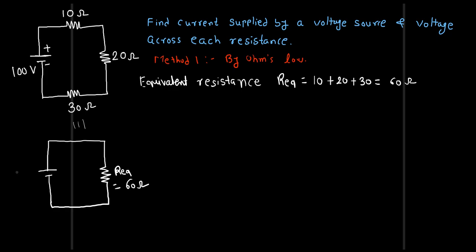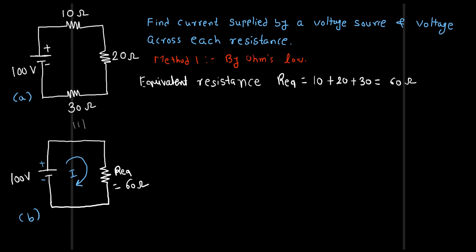Same value. Now voltage source is 100 volt. Now let us call this as figure A. This is figure B. Current that is being supplied by this voltage source, it will flow in this direction, clockwise direction. This current is I.